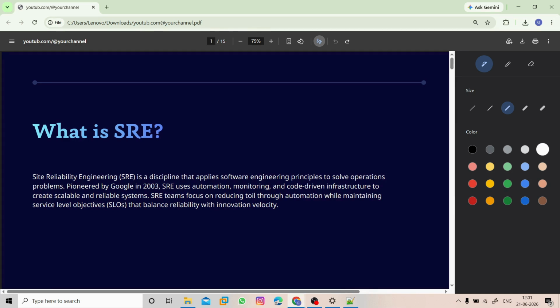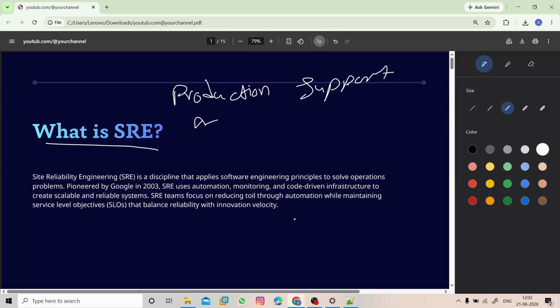So first of all, what is SRE here? Many people think SRE is just production support, but that's not true. SRE is not only about fixing issues.